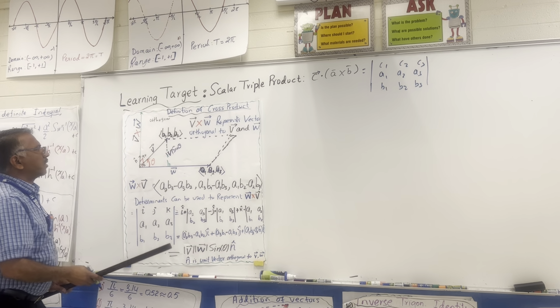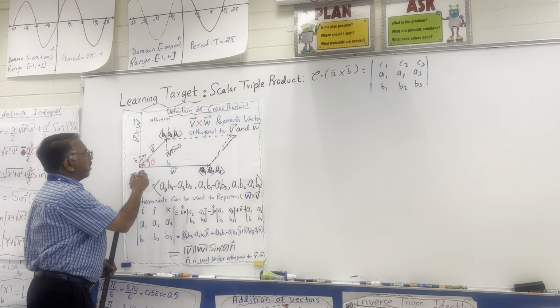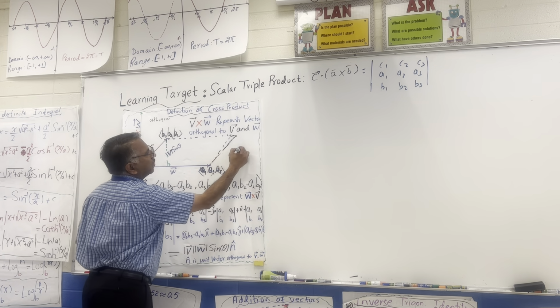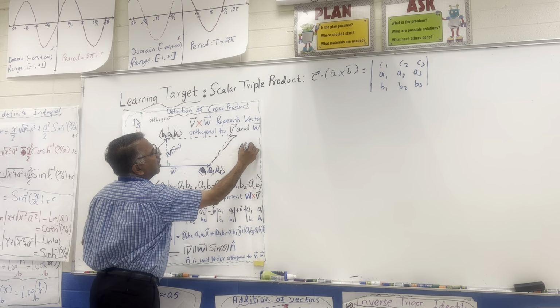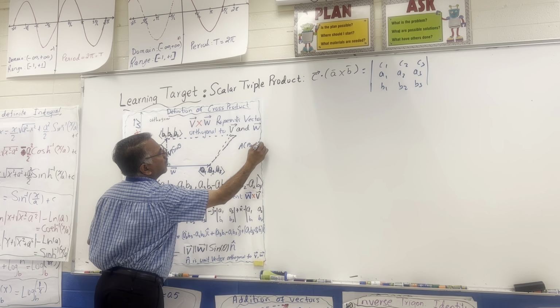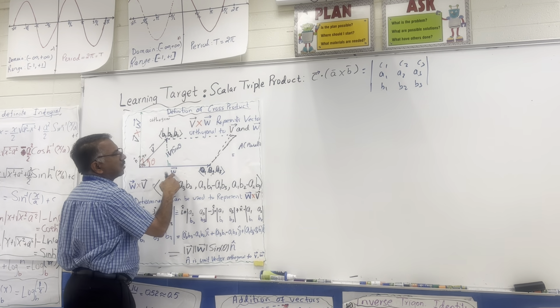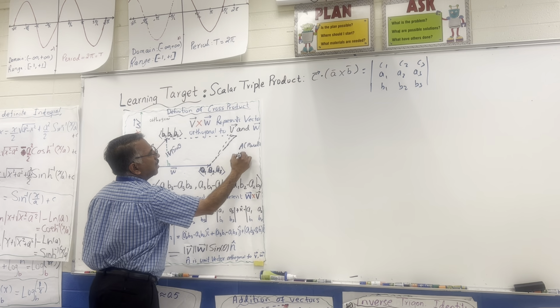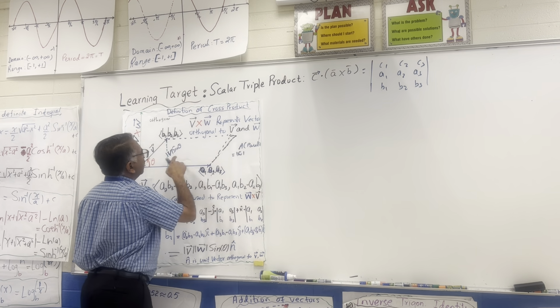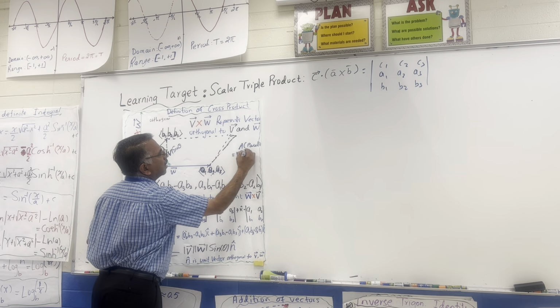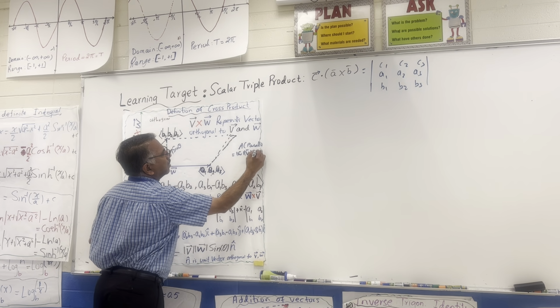Also, you see this is the base, so the area of the parallelogram is the magnitude of W bar times the magnitude of V times sine theta.